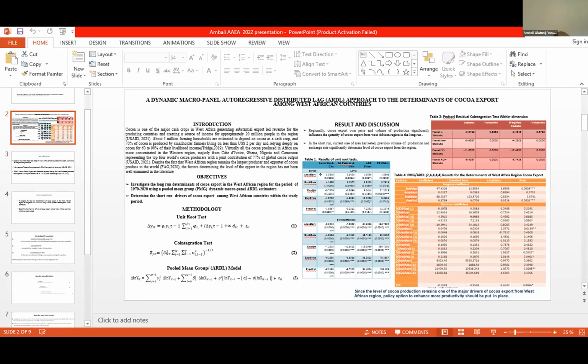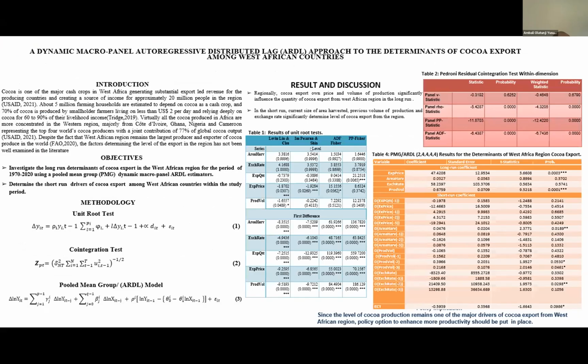At level, some of the macro variables are stationary, while some are not stationary. But after the first difference, all the variables become stationary, which means that the PMG-ARDL is the most appropriate model to utilize for estimation.